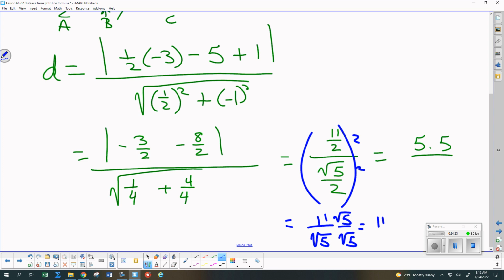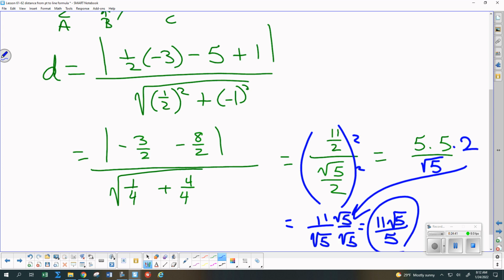Rationalize the denominator. 11 root 5 over a regular 5. Or root 5 over 2. And I'd get the same thing.